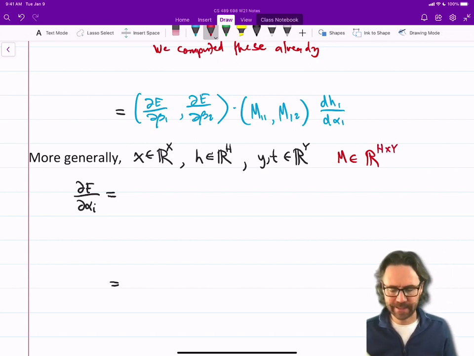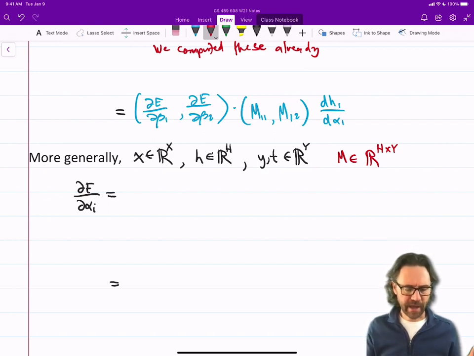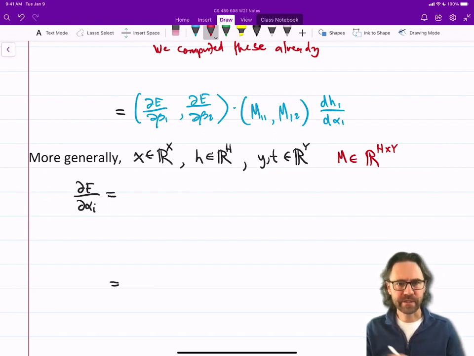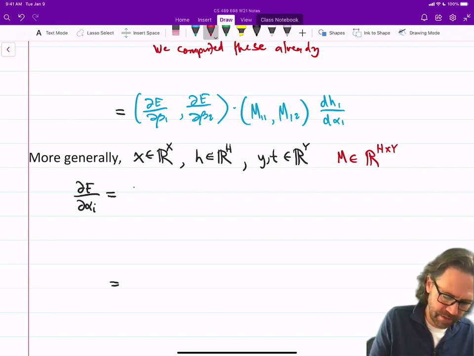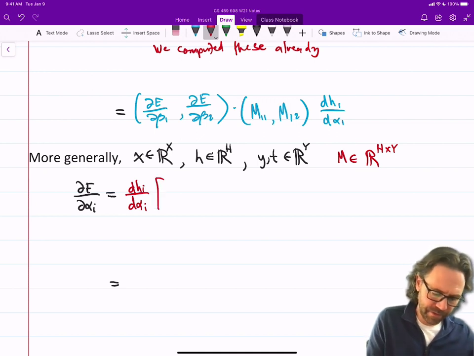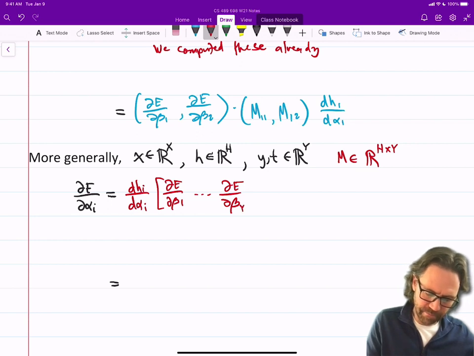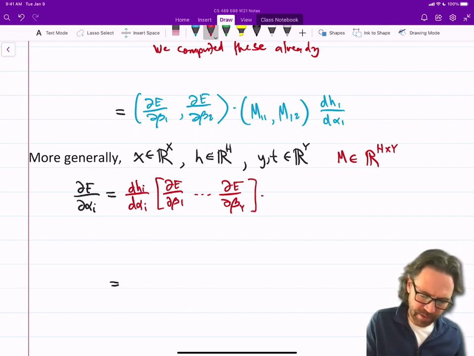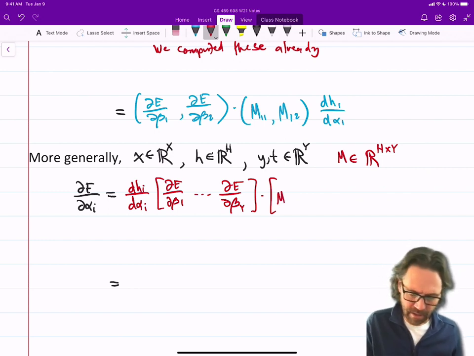Now, ∂E/∂αi, following the same pattern that we had up above, would be ∂Hi/∂αi times this dot product. ∂E/∂β1, ∂E/∂βY, because they're Y outputs, dotted with Mi1, MiY.